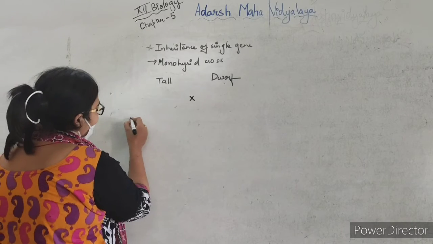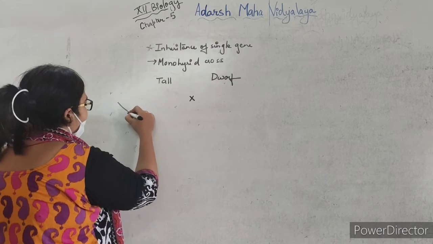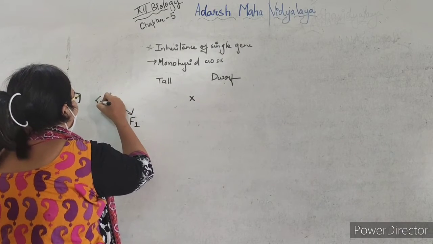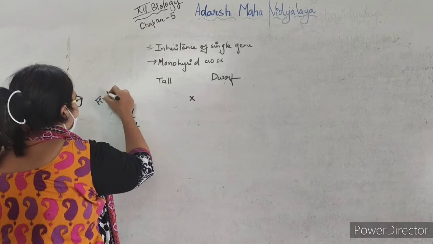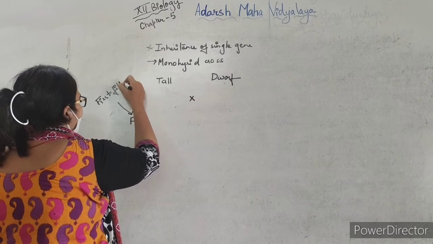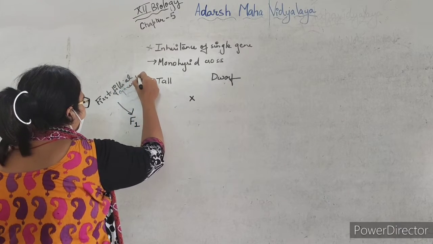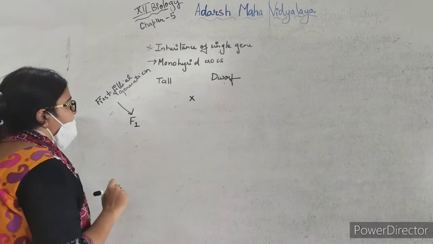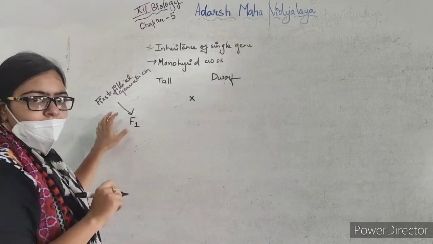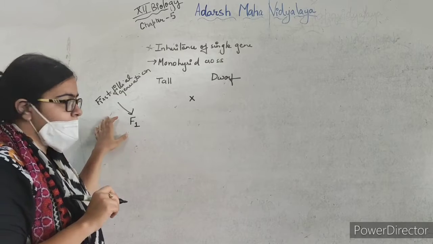So in the first generation, that is the F1 generation, also called the first filial generation, what did he get?